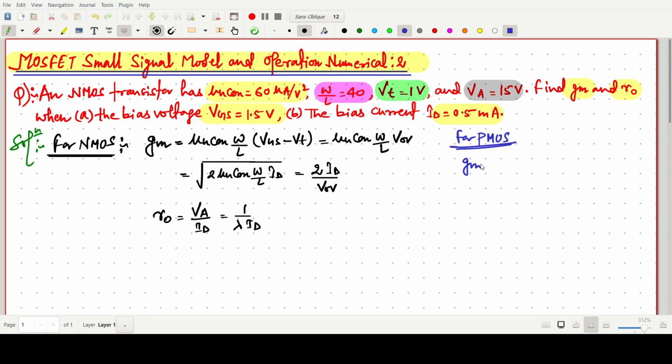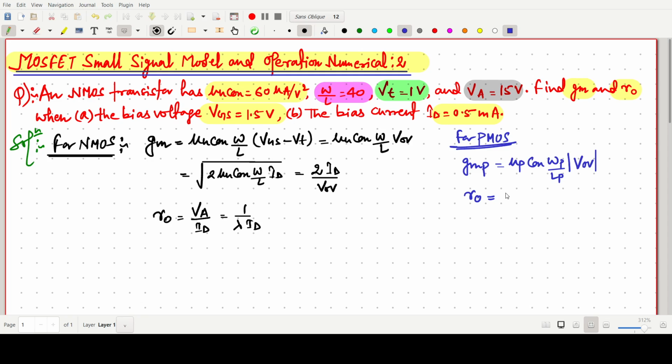for PMOS, the only change you have to make is this: instead of gm, I am writing gmp, and instead of μn we have to write μp Cox Wp by Lp, and you have to take the modulus of VOV. Similarly for r0, μn is replaced with μp, and for the overdrive voltage VOV we just have to take the modulus.